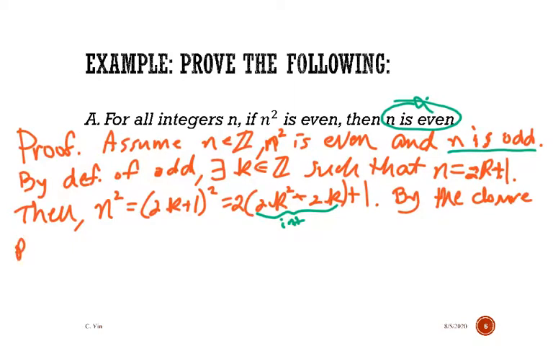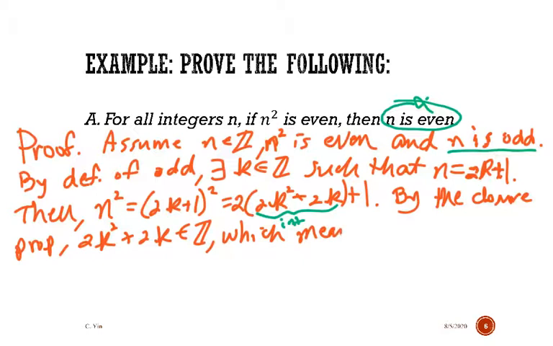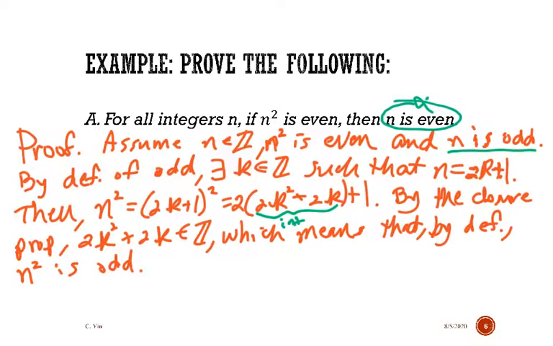By the closure property, this 2k squared plus 2k is an integer, which means that by definition n squared is going to be an odd number. But what did we assume in the beginning? We assumed that n squared was even. And now we've got that n squared is odd, and so there we have our contradiction.